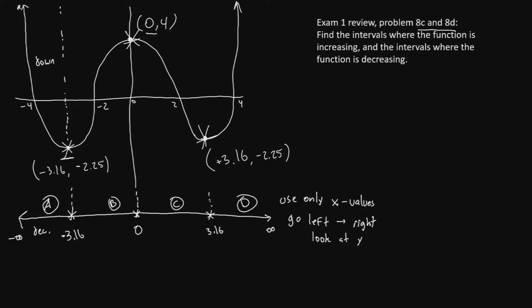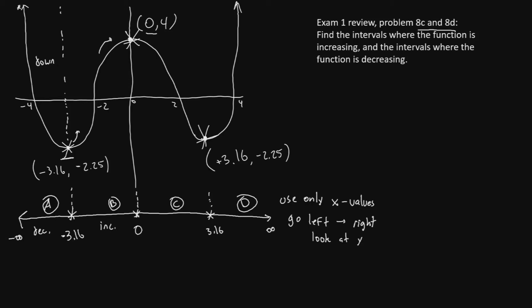Now let's look at region B. As we go from the first star to the second star and we move from the left to the right, we can see that the graph is moving upward. Therefore, we say B is increasing.